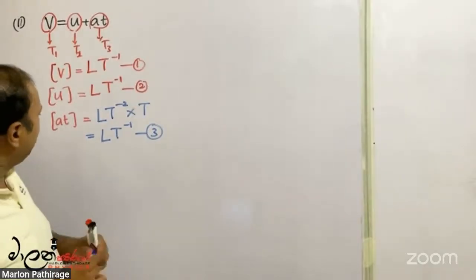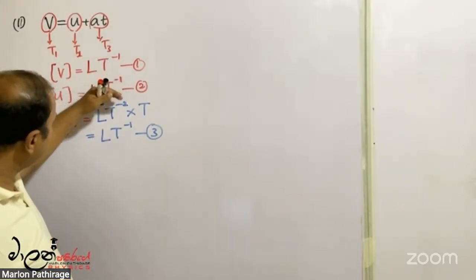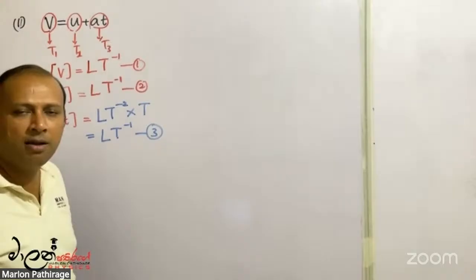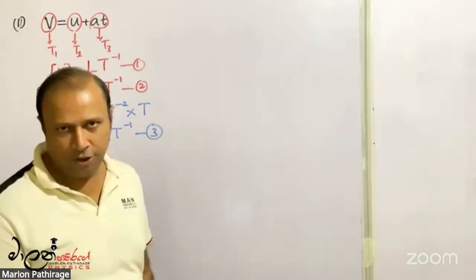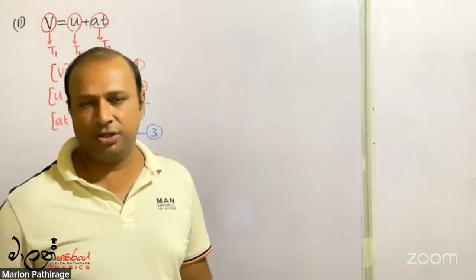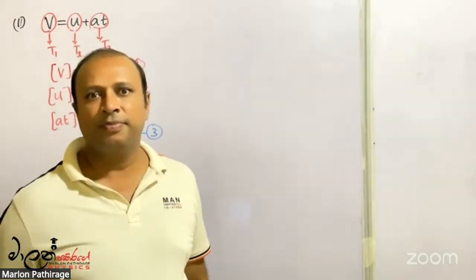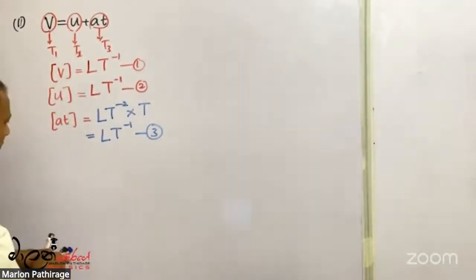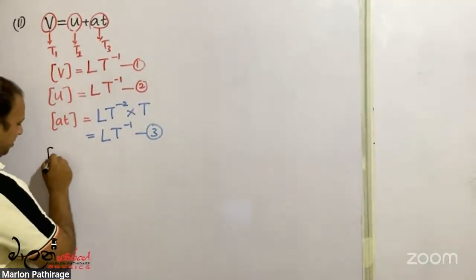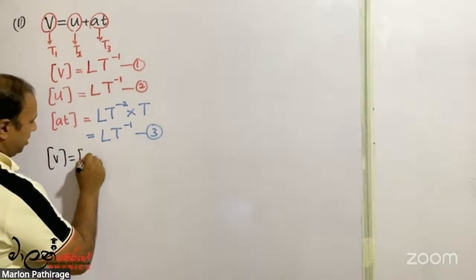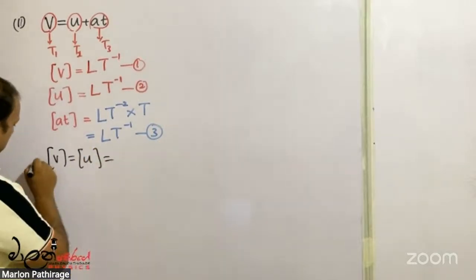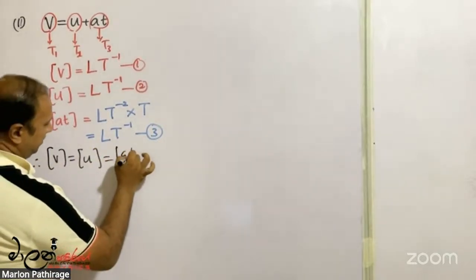Now it is very clear from the first one, second one, third one, that all the dimensions are equal. Therefore, the dimensions of all terms in this equation are equal. The dimension of V is equal to the dimension of U, which is equal to the dimension of AT.